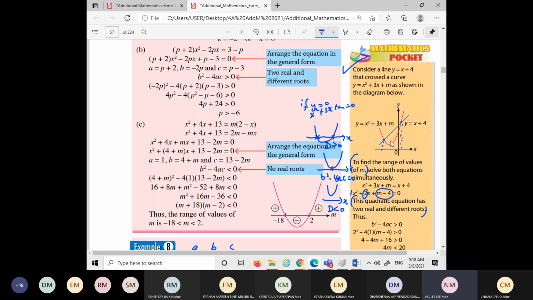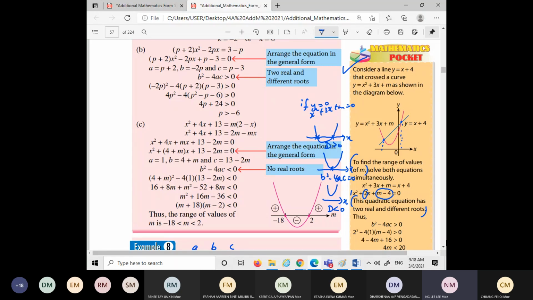When these questions come out together with other chapters, you may get confused and not know how to do this. So you have to always be aware of this kind of question.